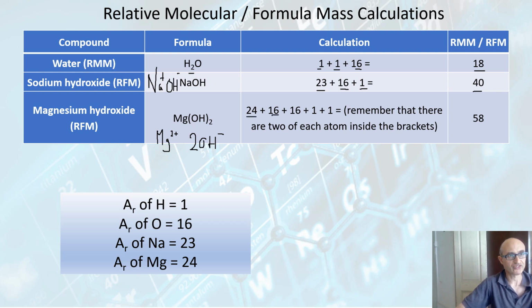We have 2 oxygens and 2 hydrogens, so all in all, it works out to be a relative formula mass of 58. In order not to confuse you, I've clarified whether it's relative formula mass or relative molecular mass right next to the chemical substance. Let's now go on to the next slide.